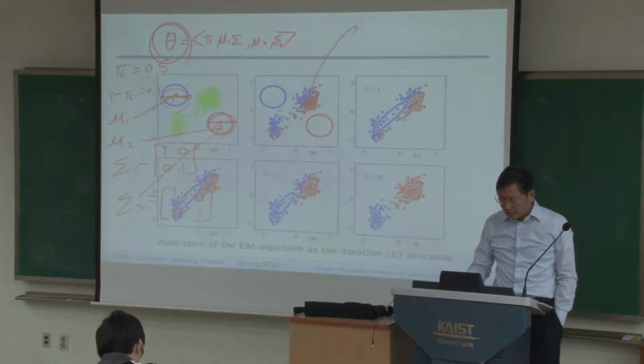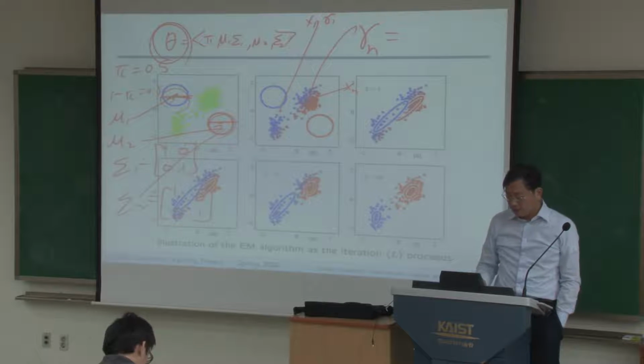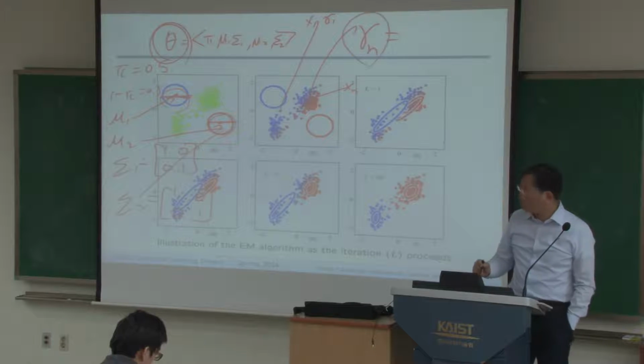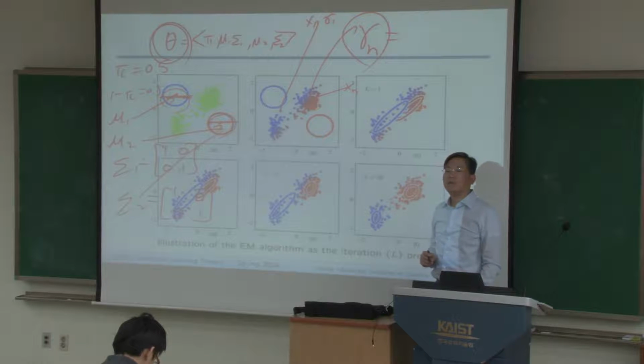I'm looking at gamma here. Gamma of each of the data. Let's say this is data 1. Gamma 1. That's the nth one. That's the nth data. Then it's gamma n. What does this gamma represent?